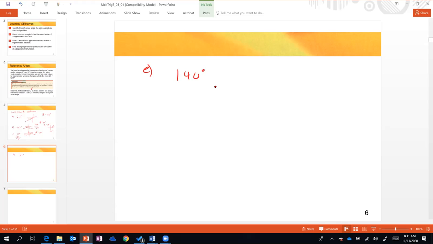So 140 is in quadrant 2. So are we okay with it being here? That's 140. And then aren't we just really just shy of 180? Is that right? So it's almost like, how much do you need to get in order to get to 180? Perfect.